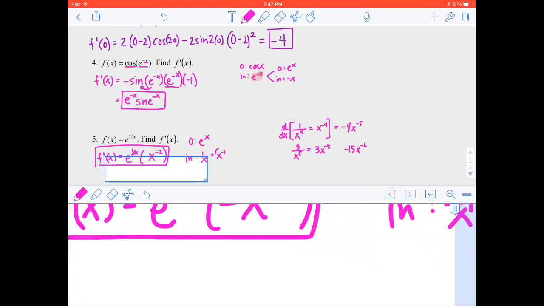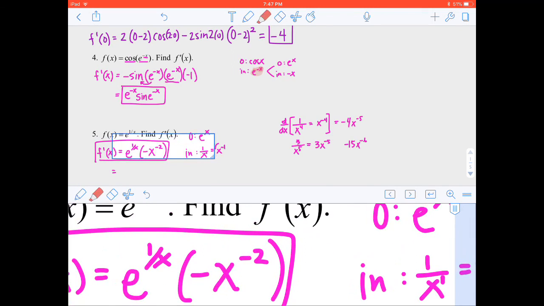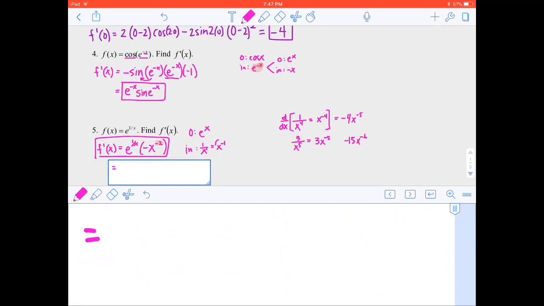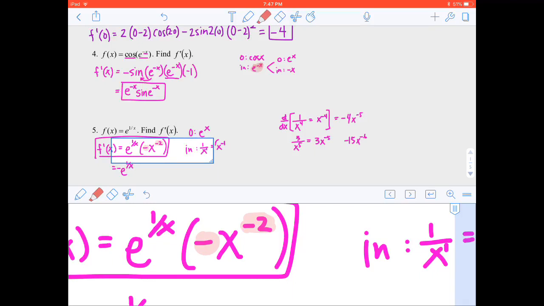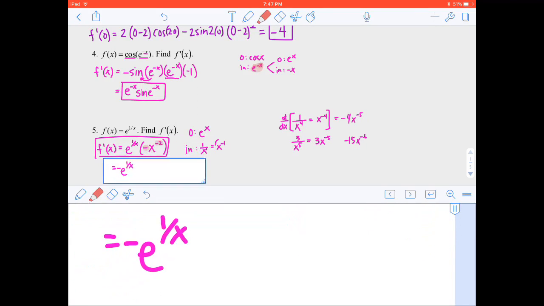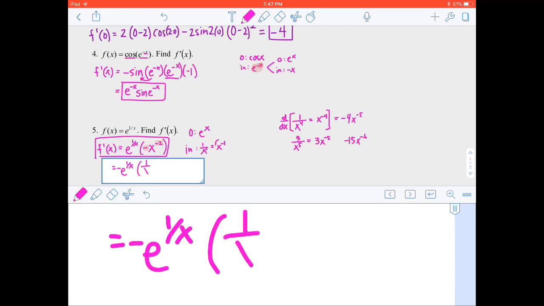Actually, we should rewrite it. Let's go ahead and rewrite this, because we don't want to have this negative power here. So e to the 1 over x is going to stay like that. Actually, we could put the negative right in front there, the negative that comes from this right here. And x to the negative 2, that's going to become 1 over x squared.